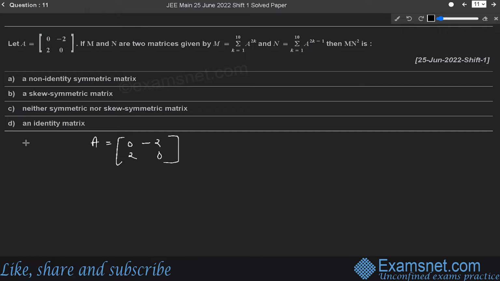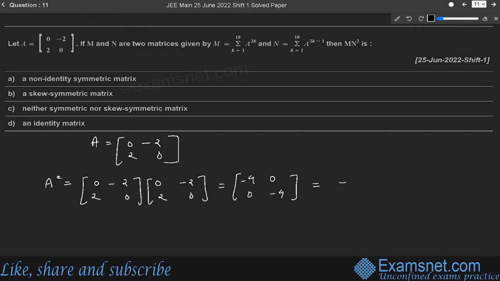So first let us calculate A square. So A square will be [0, -2; 2, 0] into [0, -2; 2, 0]. So it will be equal to [-4, 0; 0, -4]. So we can write it as minus 4 into identity matrix.